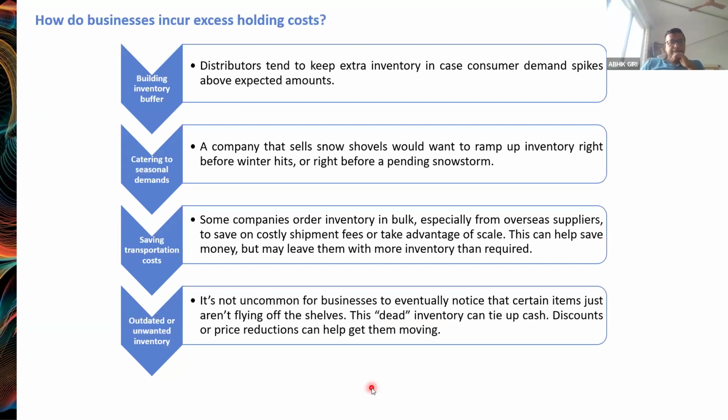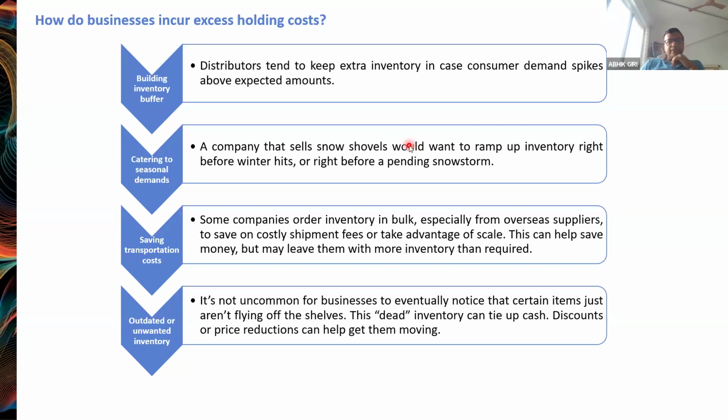Okay, and why do businesses incur this extra holding cost? That is, why do companies buy too much? Sometimes they build an inventory buffer in case consumer demand spikes above the expected amount. Sometimes it might be due to seasonal demands.